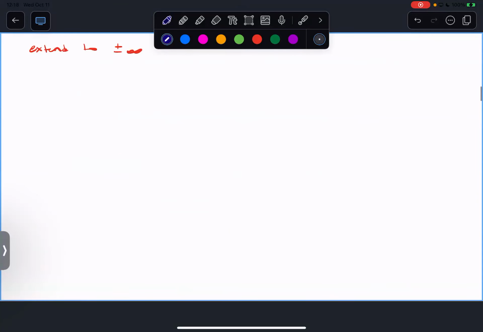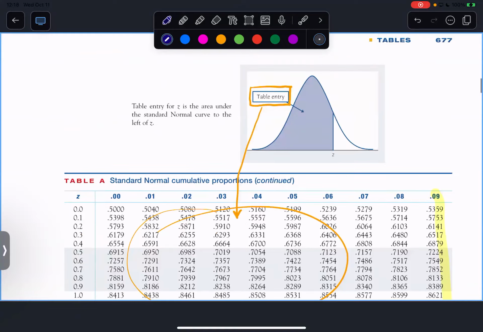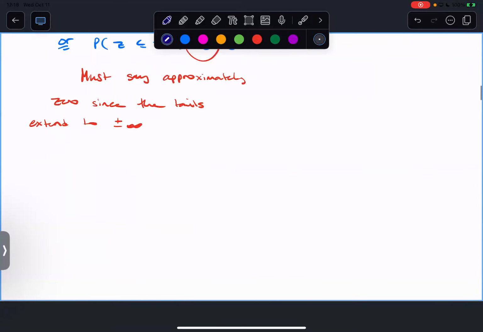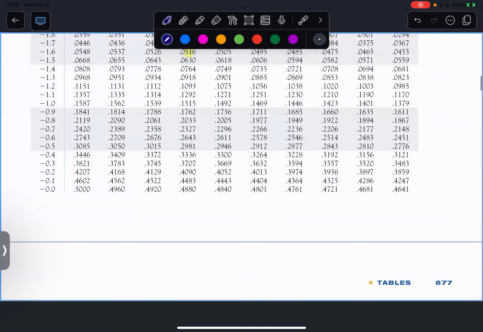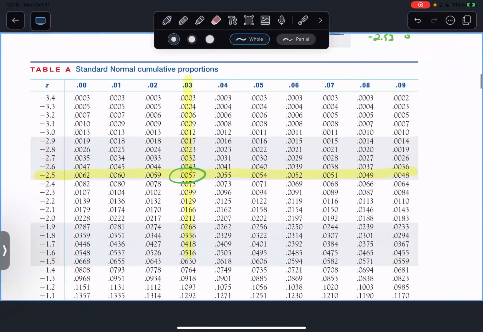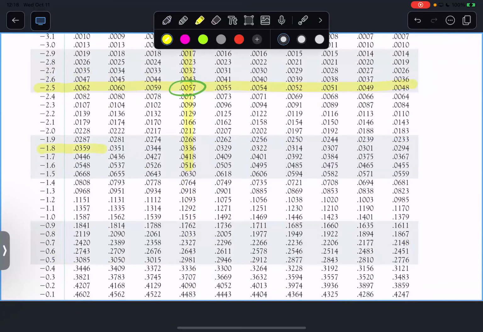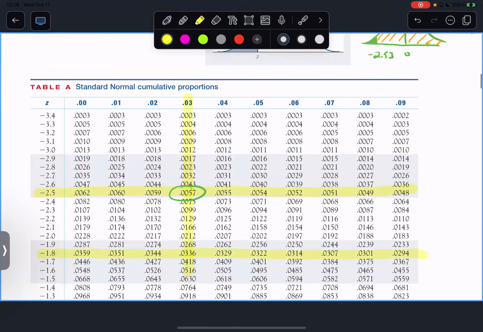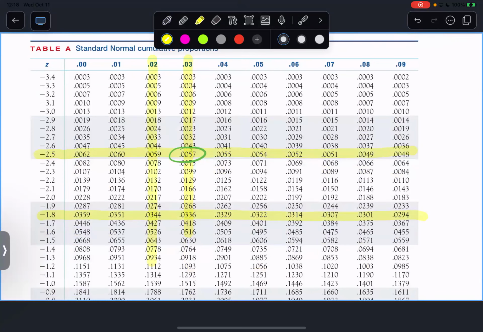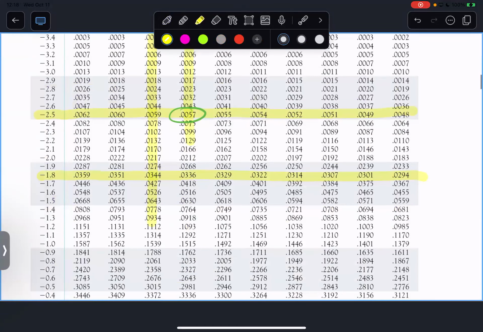I'm going to scroll up and grab a screenshot. Hey, where is it? The negative side. Negative 1.82. Don't like that one. It is 0.0344.